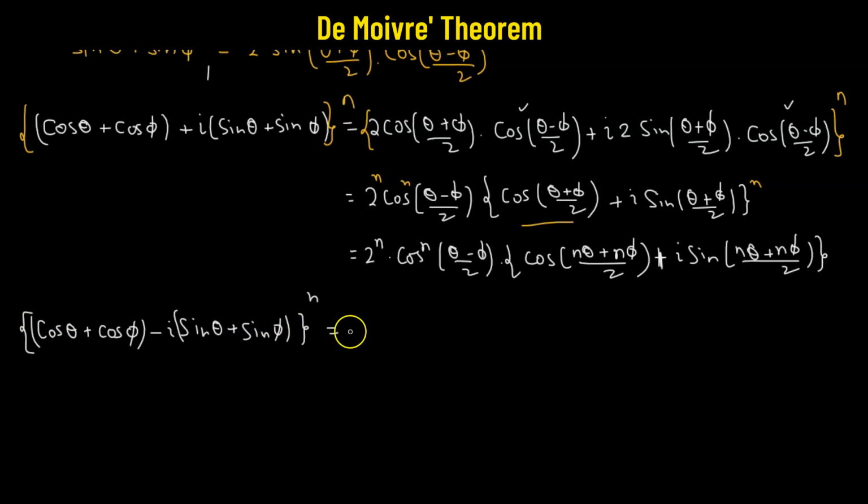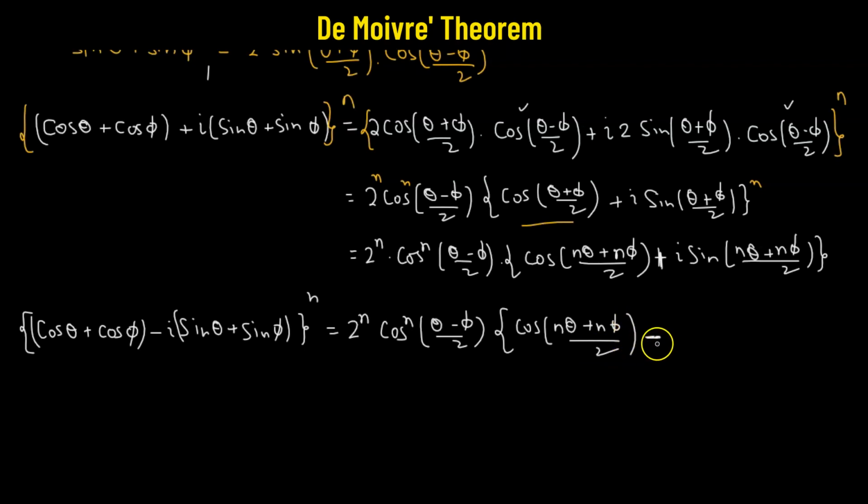So this will also equal 2 raised to the power of n times cosine raised to the power of n of (theta minus phi) over 2 multiplied to cosine of (n theta plus n phi) over 2 minus, so this is the difference, we'll have a negative sign here, iota times sine of (n theta plus n phi) over 2.